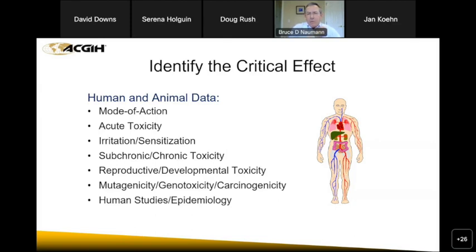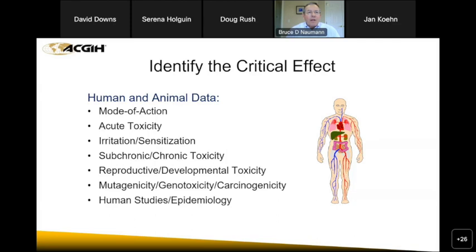But more often than not, we have a wealth of information about repeat dose toxicity, maybe out to chronic or 2-year carcinogenicity studies. We like to see data on effects on reproduction and development. And I mentioned, mutagenicity, genotoxicity is a key endpoint, and we certainly pay attention to carcinogens.